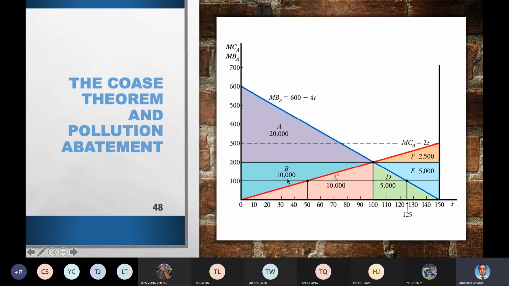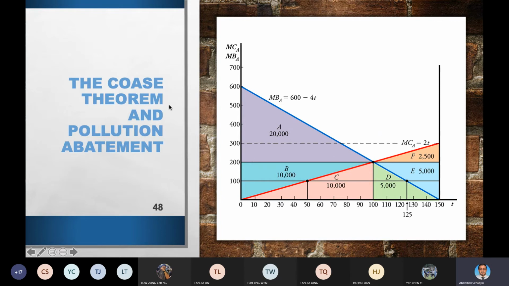If we draw, this is the marginal benefit for the community, 600 minus 4T. If T is 0, MBA is 600. If MBA is 0, then 4T equals 600, that means T equals 600 divided by 4, which equals 150. And this is the cost: MC equals 2T. T equals 0, MC is 0; T equals 10, MC is 20; T equals 50, MC is 100; T equals 100, MC is 200.